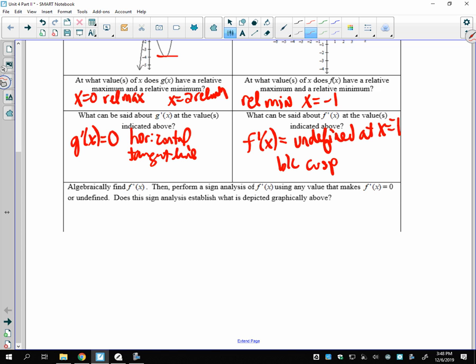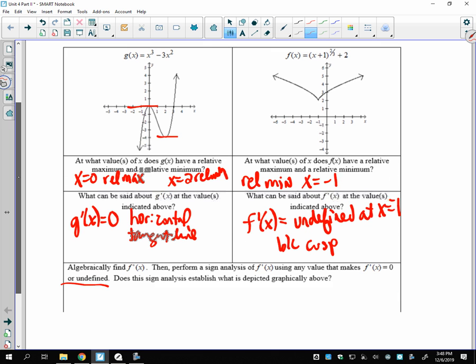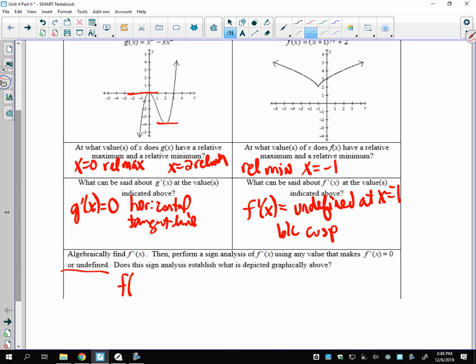It says algebraically find the derivative of f of x, and then perform a sign analysis to show where it's equal to 0 or undefined. So our function was f of x equals (x plus 1) to the 2/3 plus 2.